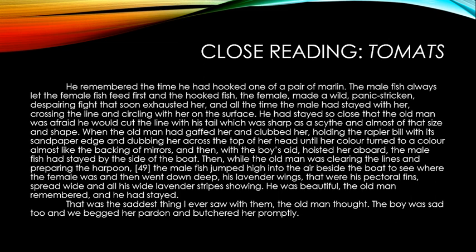We also have an example of the line here, so he says he would cut the line with his tail, which was sharp as a scythe and almost of that size and shape. So we have a simile here as the tail of the marlin is compared to a scythe.